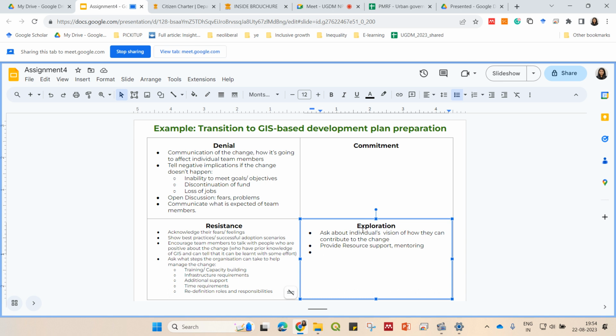So in this case, you can maybe encourage people to explore what opportunities they might have in the future.